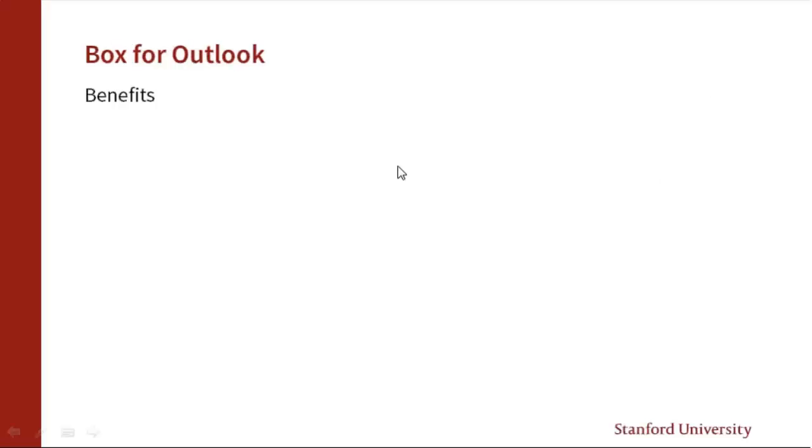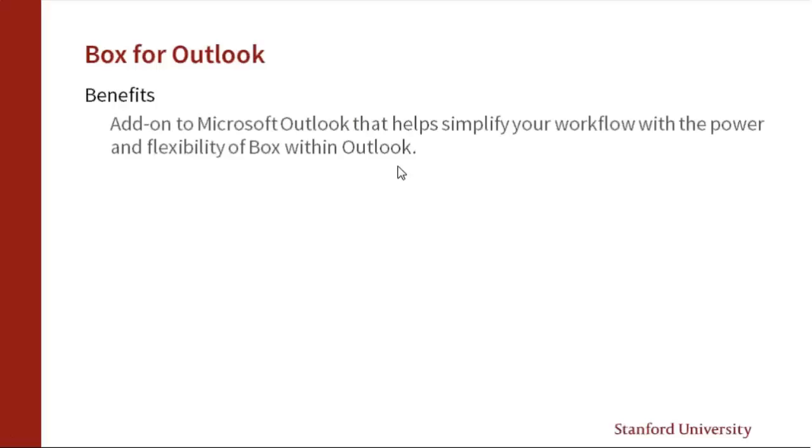Now we'll talk about Box for Outlook. This is a way to extend Box using Outlook. The benefit of this is, I'm sure mostly everyone here uses Outlook, and a lot of us send files through email, right? There are some negatives about that, because when we send out a lot of emails, our mailbox gets full, and then we have to start manually archiving.